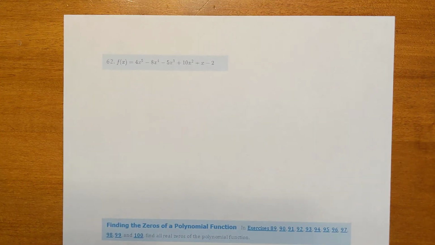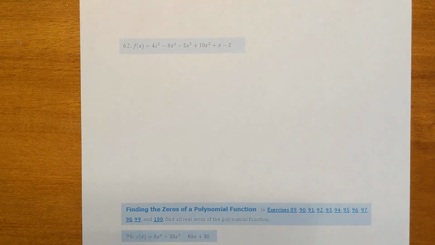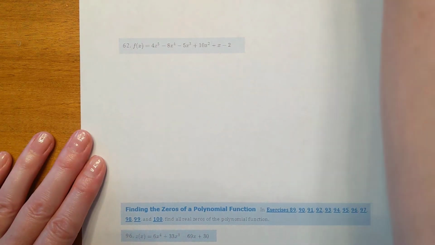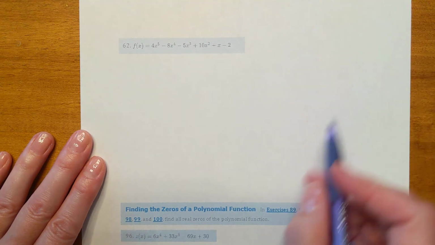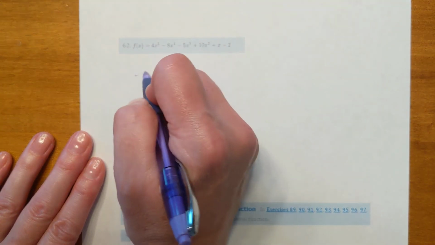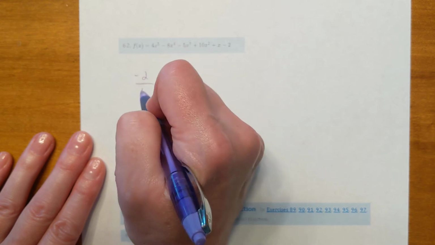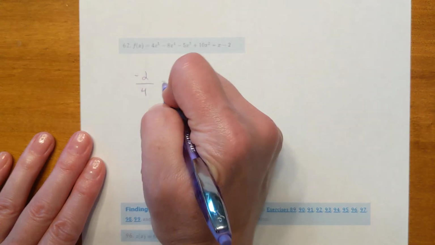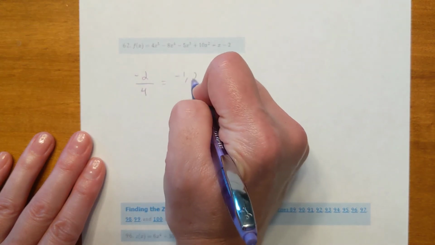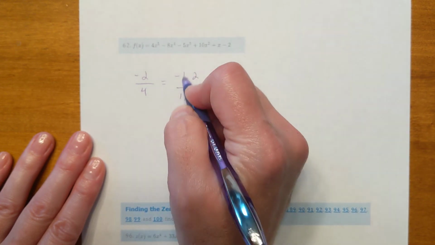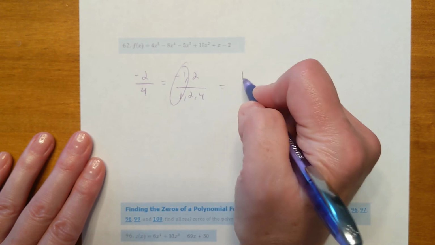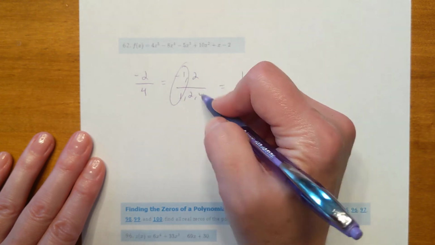All right, on the next page, it's the same idea. We need to list the rational zeros that are possible on it. So again, the last number here, which is -2, divided by the factors of the first number, 4. The factors of 2 are 1 and 2. The factors of 4 are 1, 2, and 4. So it gives us 1 over 1, 1 over 2, and 1 over 4.